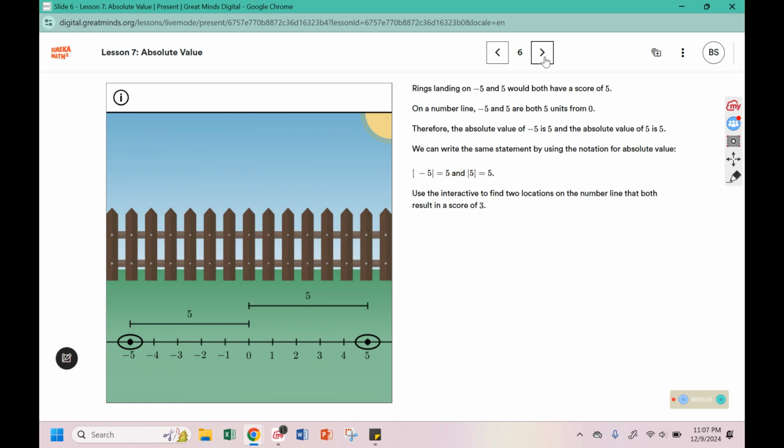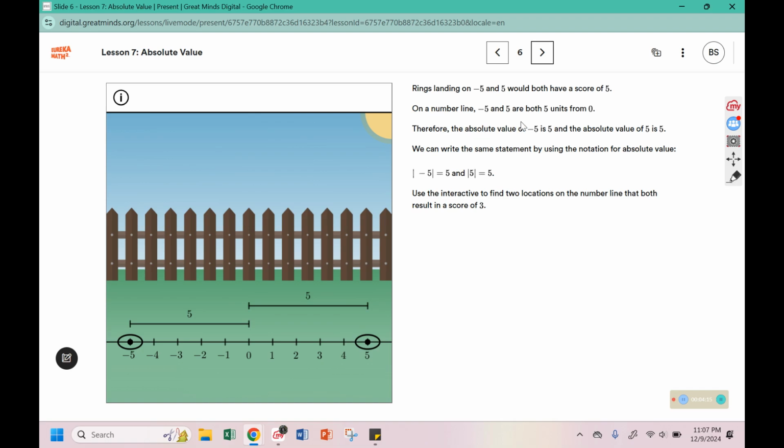Rings landing on -5 and 5 would both have a score of 5. On a number line, -5 and 5 are both 5 units, or 5 marks, away from 0 if we counted 1, 2, 3, 4, 5.